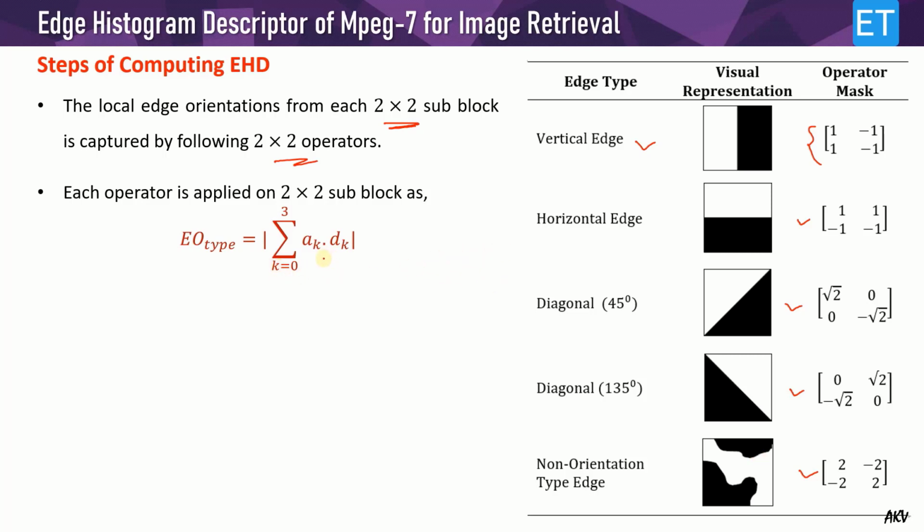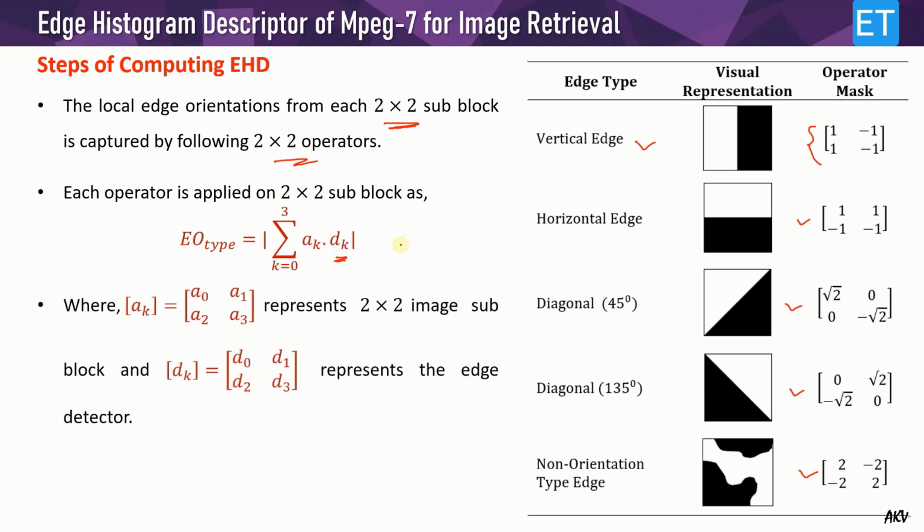What we will do is a mathematical operation. We simply do element-to-element multiplication of this filter dk with the 2 by 2 pixel group, and then sum all the values to get the orientation type. Here ak is your 2 by 2 pixel group, that is a0, a1, a2, a3, and this dk is your 2 by 2 operator, d0, d1, d2, d3.